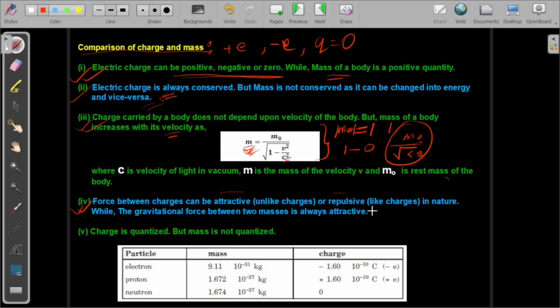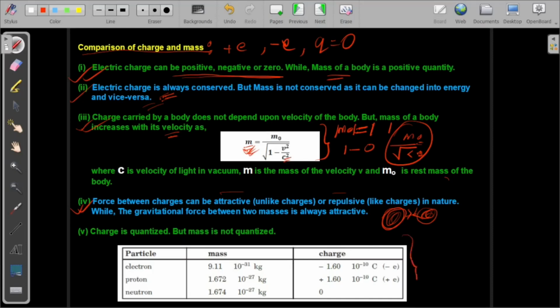That means two bodies get attracted by each other due to their masses. Understood.